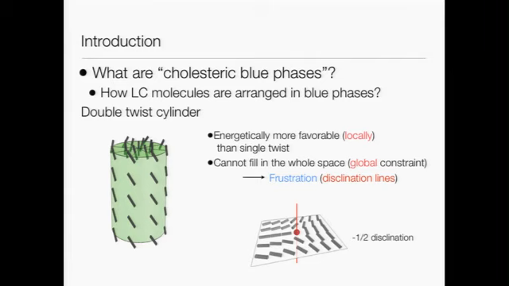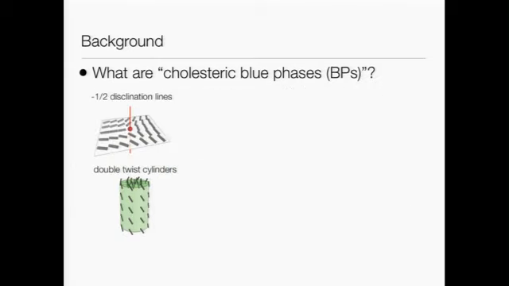So disclination lines with winding number -1/2 inevitably appear in blue phases, and then these disclination lines and double twist cylinders are arranged in cholesteric blue phases.